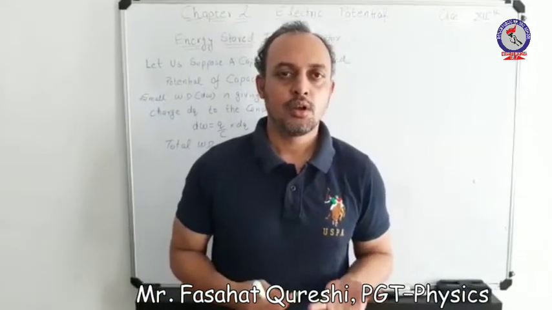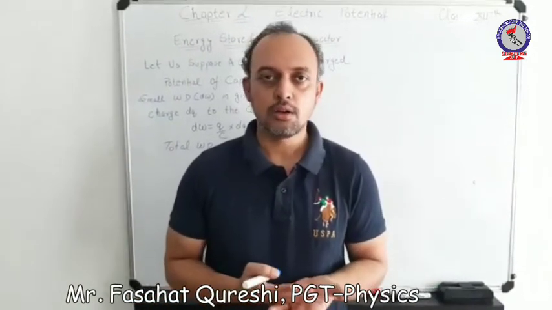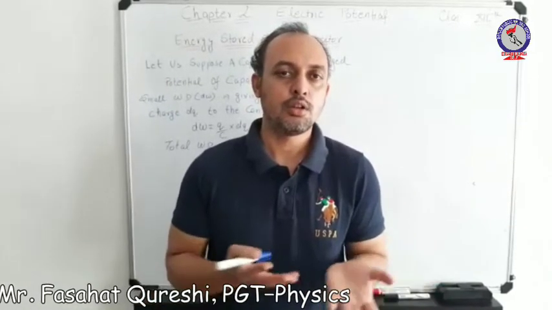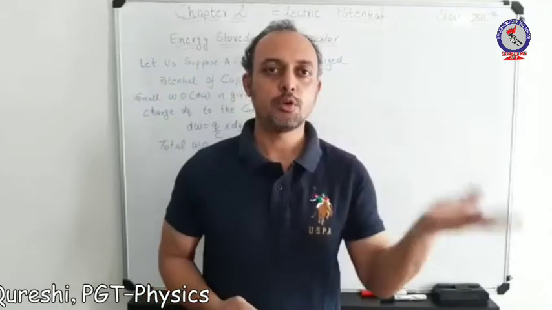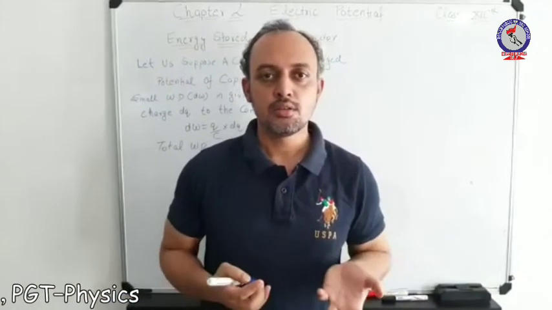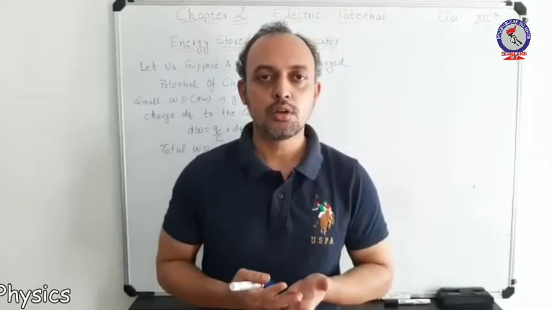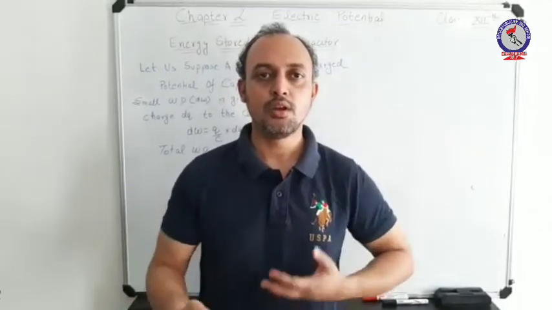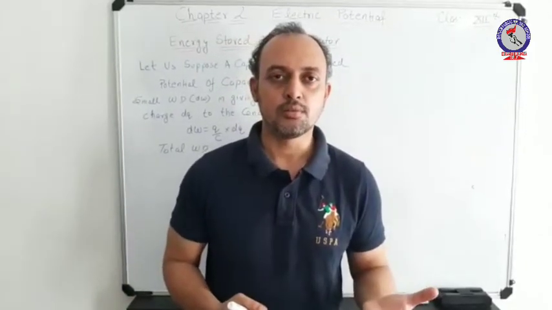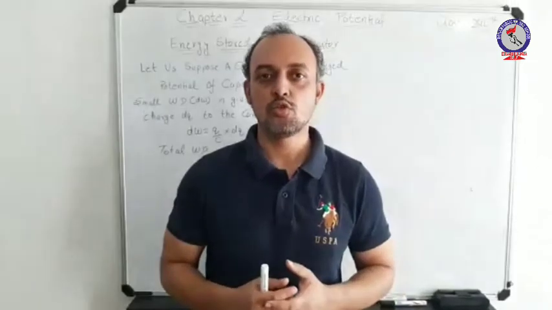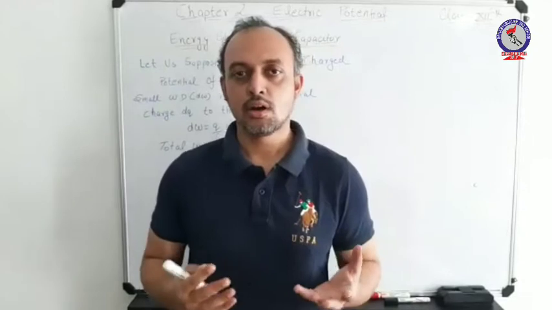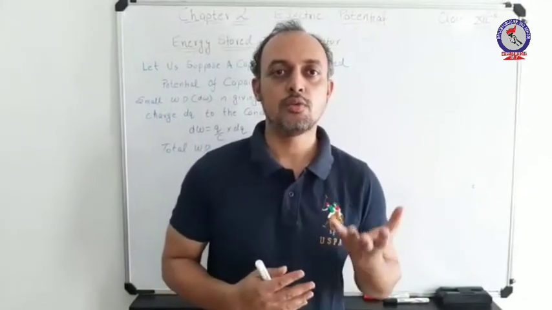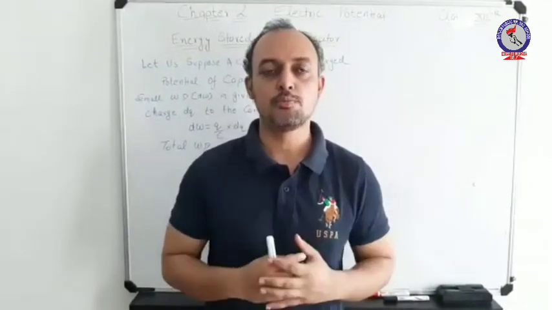Or you can say, in other words, that if you are connecting a battery to a capacitor, the battery helps in moving positive charge from the negative plate to the positive plate. Hence, a certain amount of work is done and energy is spent in this action. So, this energy is stored in the form of electric field inside a capacitor. Hence, a capacitor stores energy in the form of electric field between its plates.